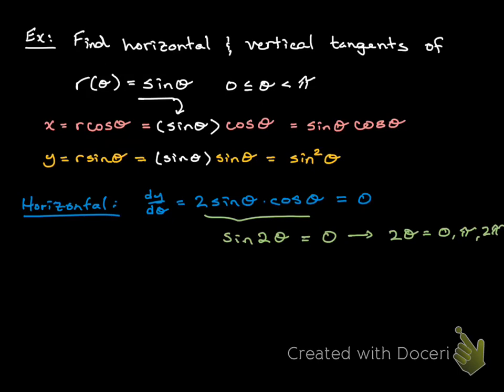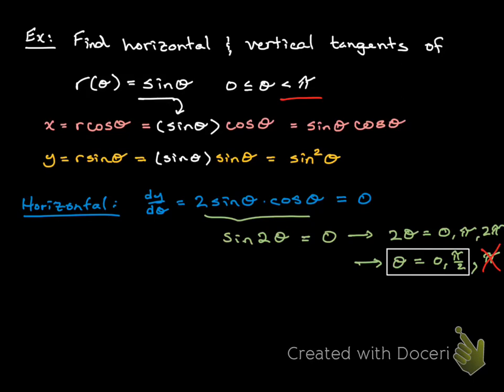But remember, I'm working with 2 theta here just for a second. And I'm going to divide that all by 2 to get theta equals 0, pi over 2, and pi. Well, pi is still outside of my domain because my thetas are going from 0 to pi, not including pi. So I can get rid of pi. And then the theta values that correspond should be 0 and pi over 2. Those are the angles where I have horizontal tangents.